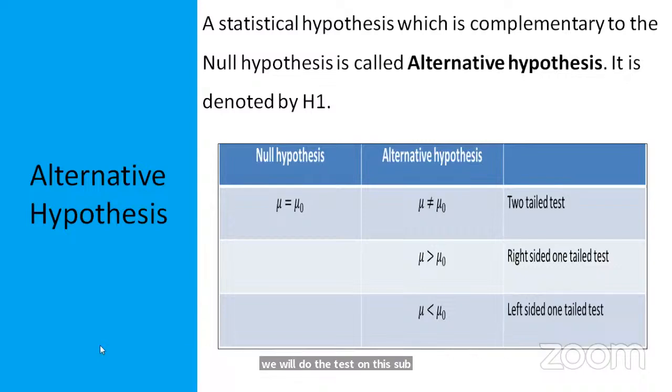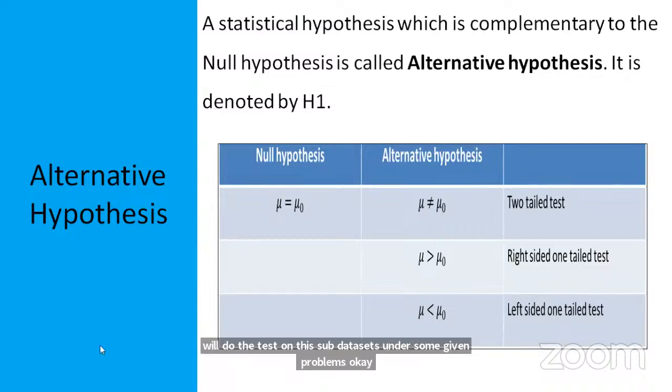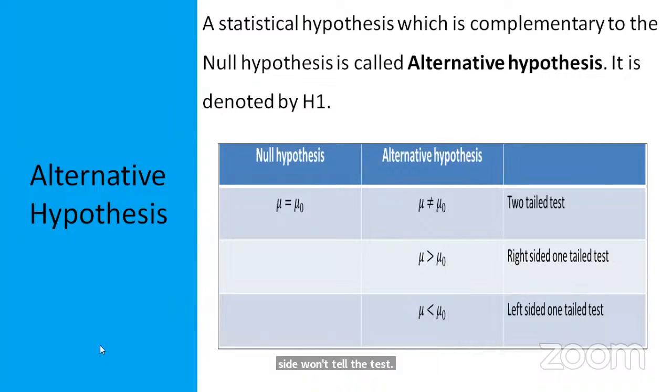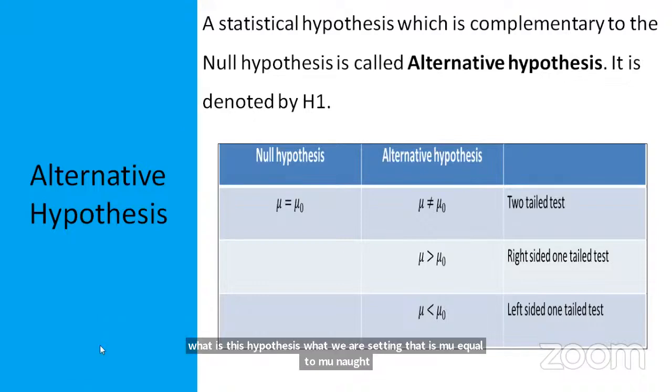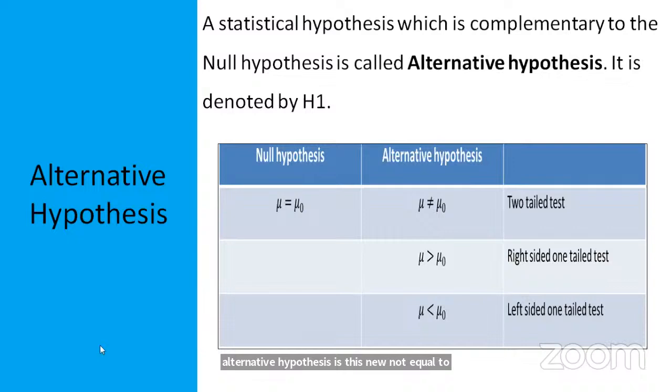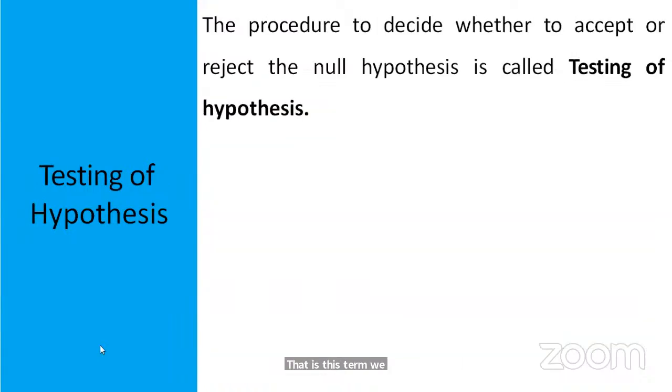If mu is greater than mu naught, we do a right-side one-tailed test. If mu is less than mu naught, it is a left-side one-tailed test. So the hypothesis we set is mu equal to mu naught, and the alternative is mu not equal to mu naught. We should understand these terms, hypothesis and null hypothesis.